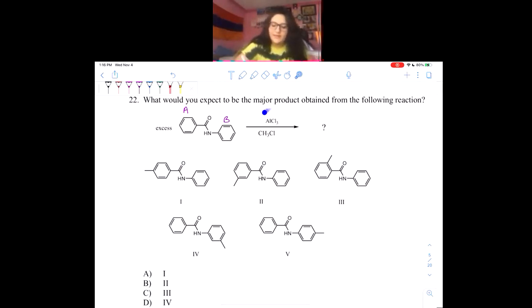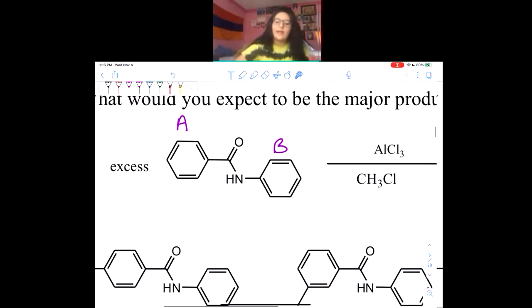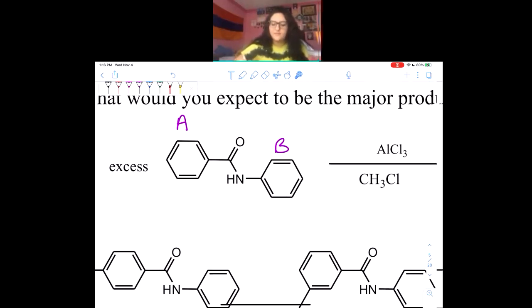And here we have a Friedel-Crafts alkylation happening again. It's asking us which of the following will be the substantial or major product. So what we have to look at is which of these rings we can actually add our group to.